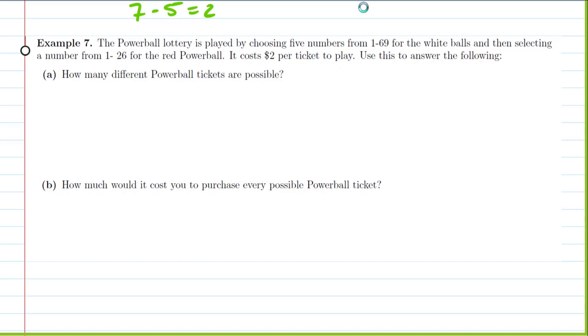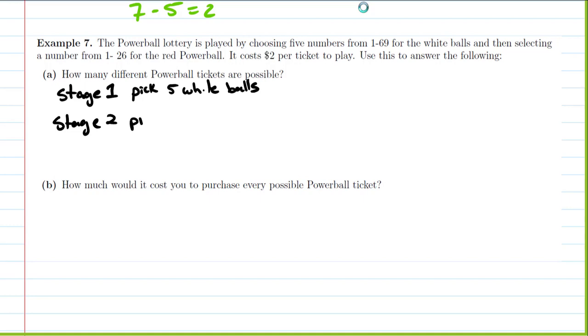So we've decided that for stage 1, we're going to pick five white balls, and for stage 2, we're going to pick 1 red ball.